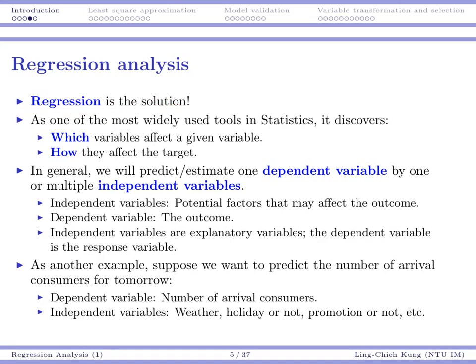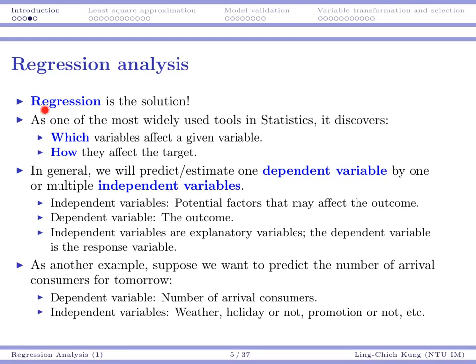There are all kinds of problems, all kinds of solutions. Here, regression is one of the most widely adopted tools in statistics for that kind of problem: relationships among multiple variables, and how to use some variables to predict other variables.